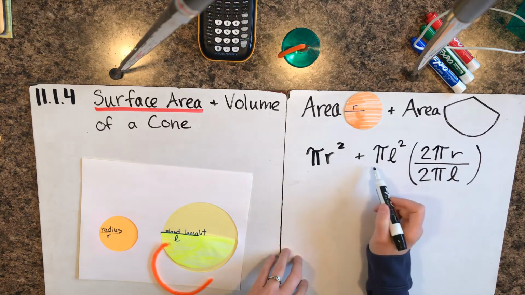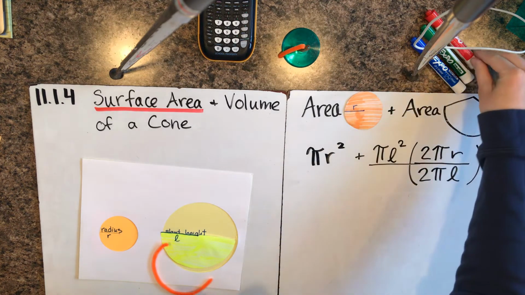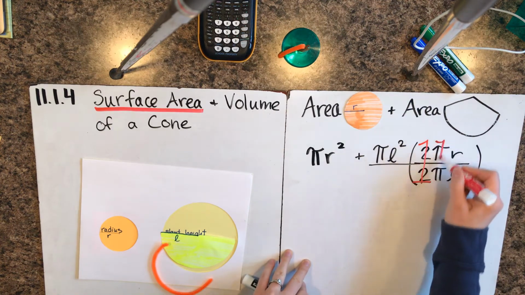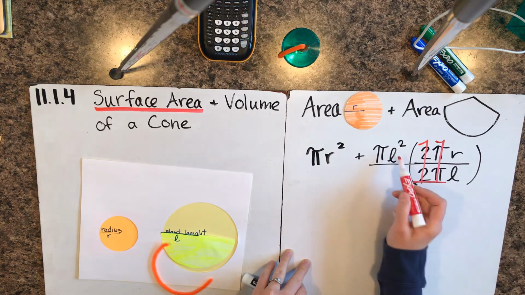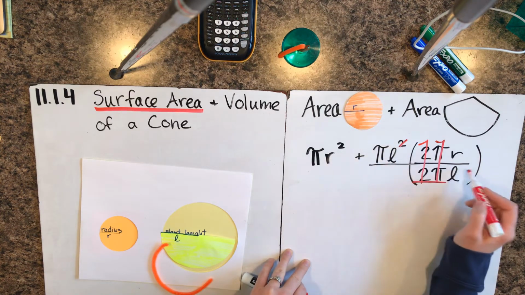Now remember, when we're simplifying a fraction in algebra, we're looking for giant ones. I can see giant ones here, and here. L squared and L, one of those cancel out.